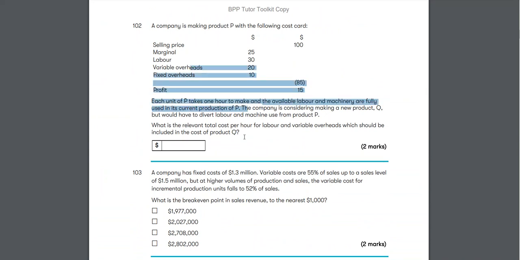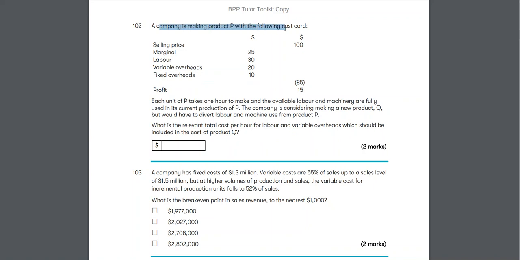Okay, what is the relevant cost per hour for labor and variable overheads which should be included in the cost of the product? A company is making product P with the following cost curve: selling price, material, variable overheads. Each unit of P takes 1 hour to make, and available labor and machinery are fully used in its current production of P. So there is no spare capacity.